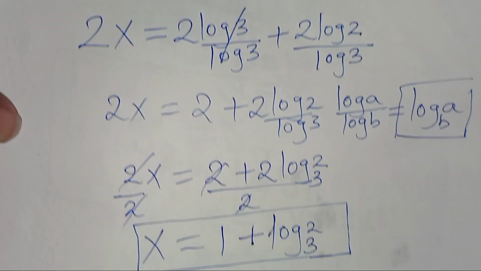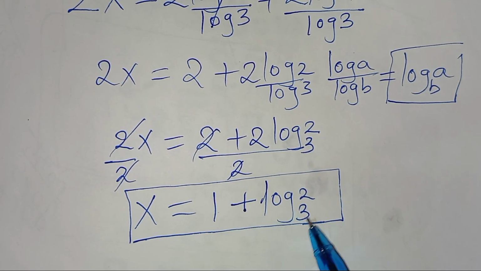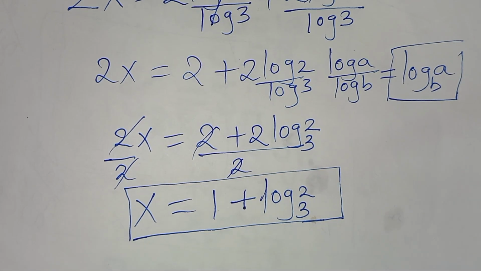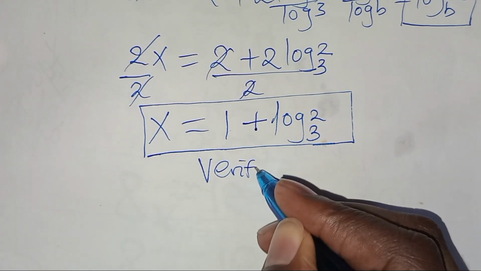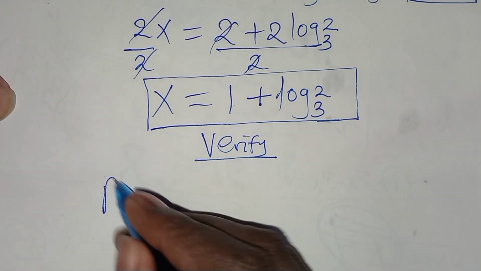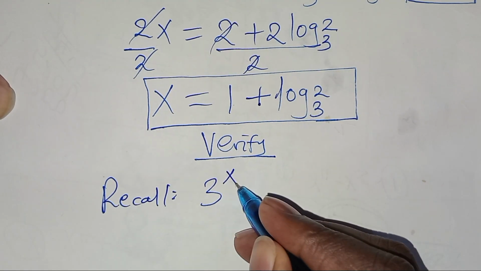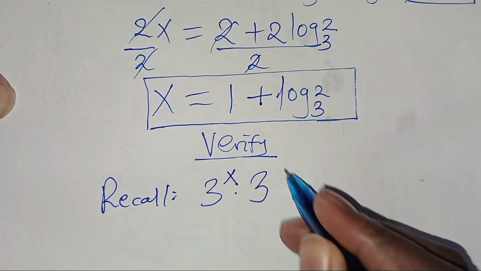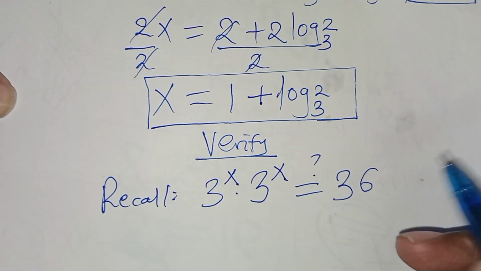So let's verify that this value of x, which is 1 plus log 2 to base 3, actually satisfies the equation. Now let's verify. If you recall, we had that 3 to the power of x multiplied by 3 to the power of x should give us a value of 36.